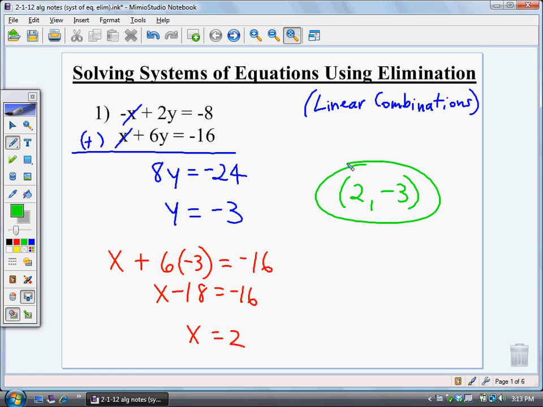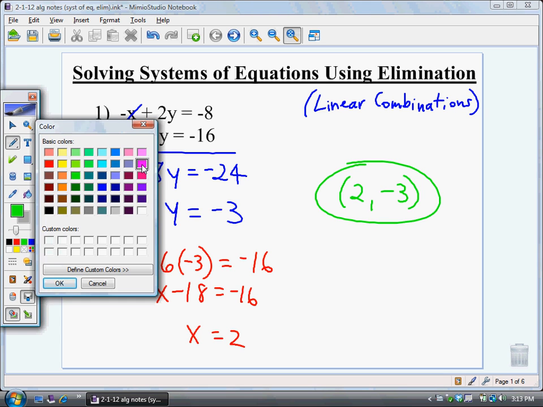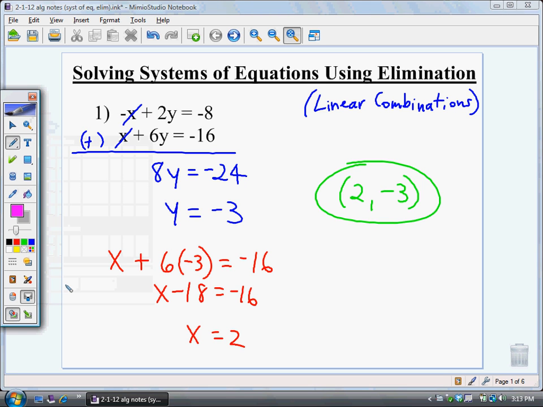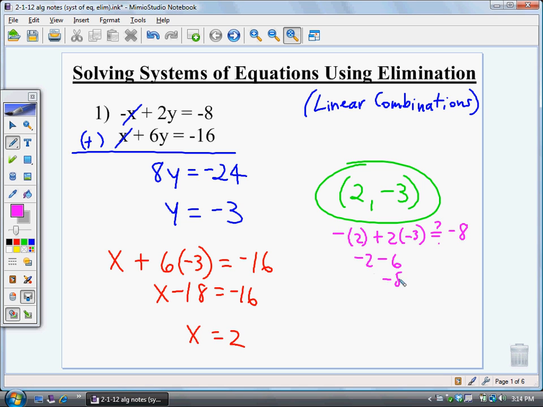Now what you should do is check, as always, every solution that you get into the original equation. So negative x plus 2y, and the question is, does that equal negative 8? It's negative 2 minus 6, that's negative 8. It does equal negative 8, so it checks.